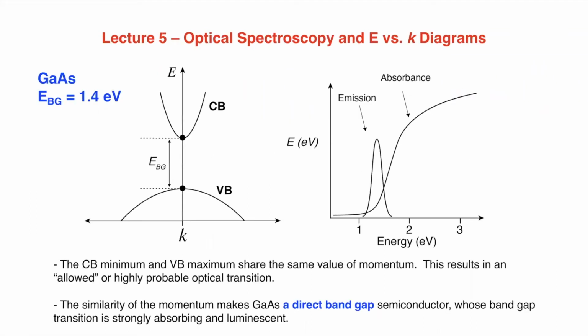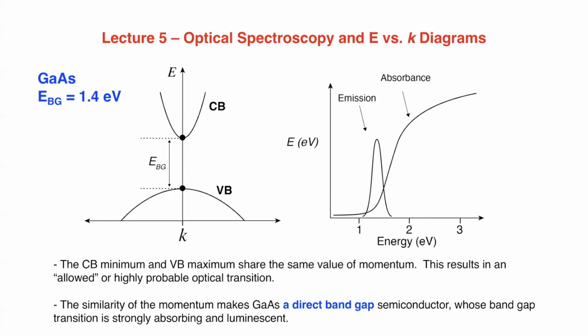All right, so let's think about this using an energy versus K diagram. On the left, you see the energy versus K diagram of gallium arsenide that we talked about before. Band gap here is 1.4 eV. The conduction band is more highly curved than the valence band. And we talked about this as being a result of the difference in the effective mass of an electron and a hole.